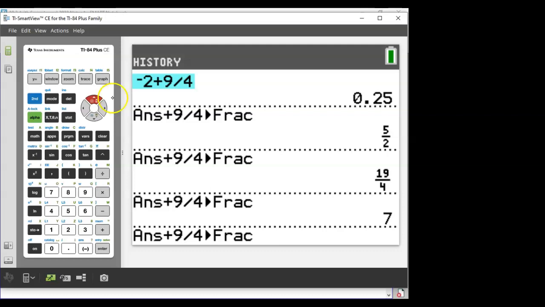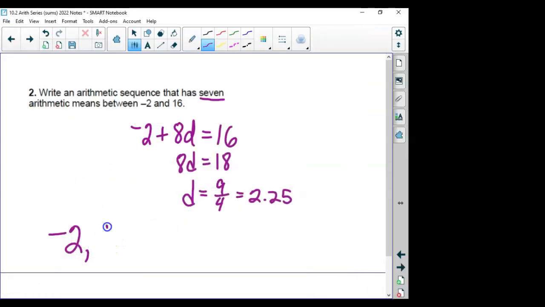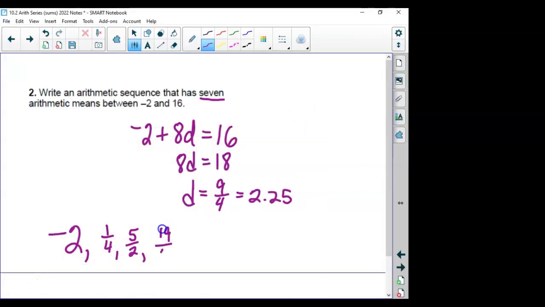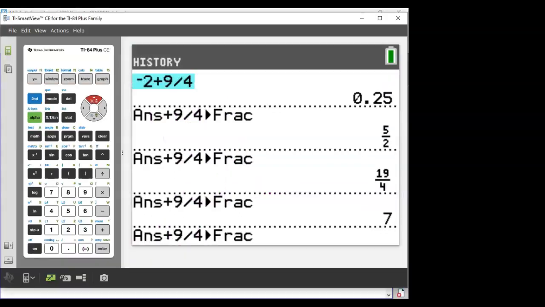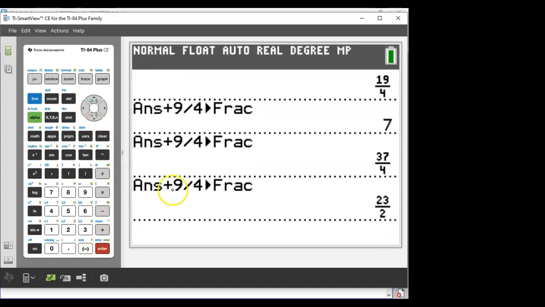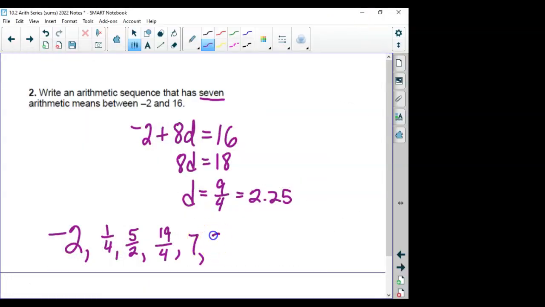1/4, 5 halves, 19/4, 7, 37/4, 23 halves, 16.